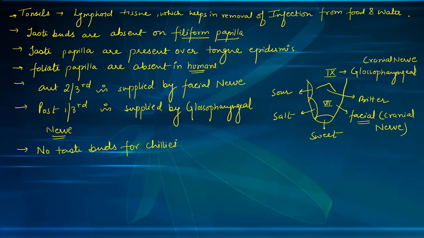The tenth nerve, or the vagus nerve, supplies the throat region.